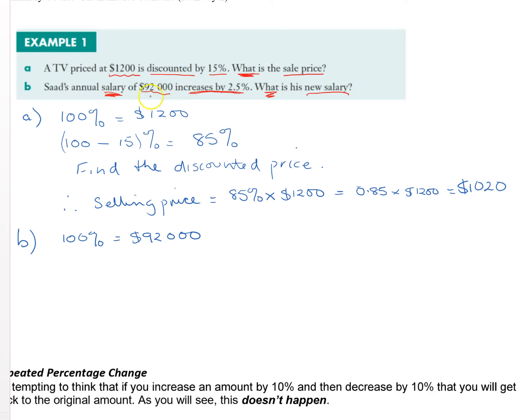So we've got our 100%. It's increasing by 2.5. So this time I've got 100 add 2.5%, which gives me 102.5%. What is, tells me what I'm finding, the new salary.